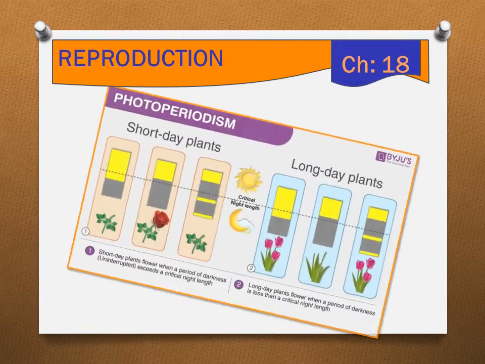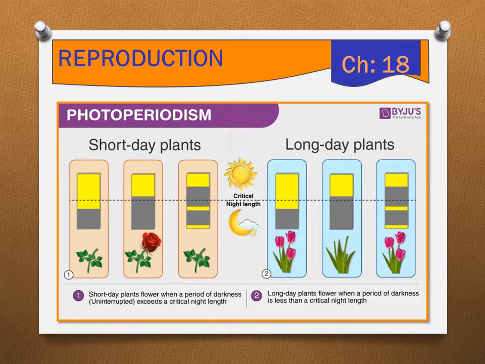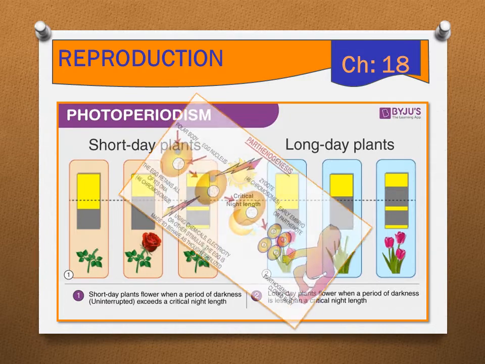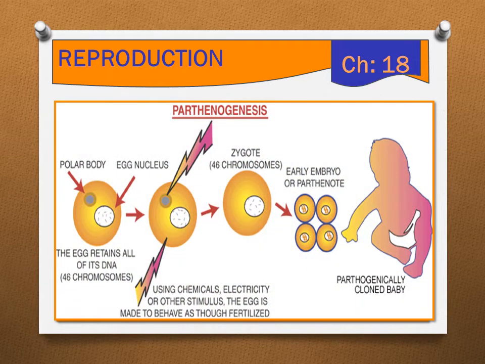This diagram shows the process of photoperiodism in plants. In different organisms, the capacity to produce new individuals without fertilization is called parthenogenesis, and this diagram shows the process of parthenogenesis.